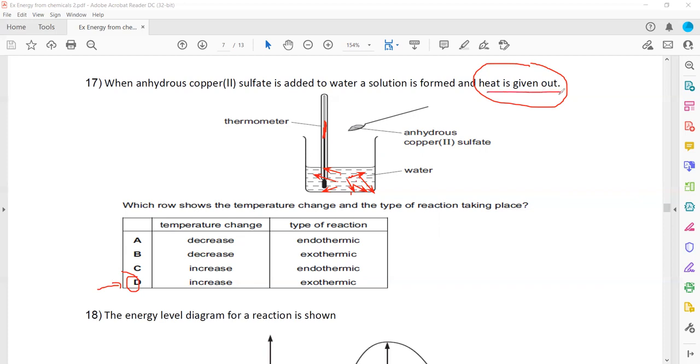Because the heat is given out, as they mentioned, whenever heat is given out, the reaction is always exothermic. Is it clear, this example?